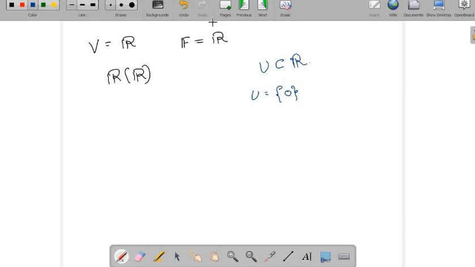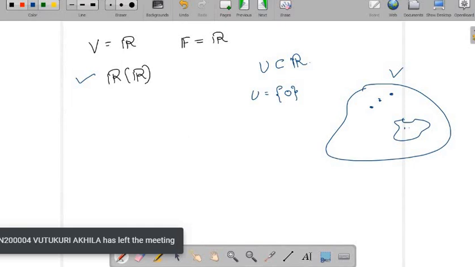And the rest of the properties, related to addition and multiplication, were anyway true for the big set. If they are true for the big set, definitely they will be true for the small set also. What I mean, associative property holds for every element in the big set. You pick up any three elements from this set. For these three elements, associative property holds. If it is true for every three elements in this set, definitely it is going to be true for every three elements in the small set also.